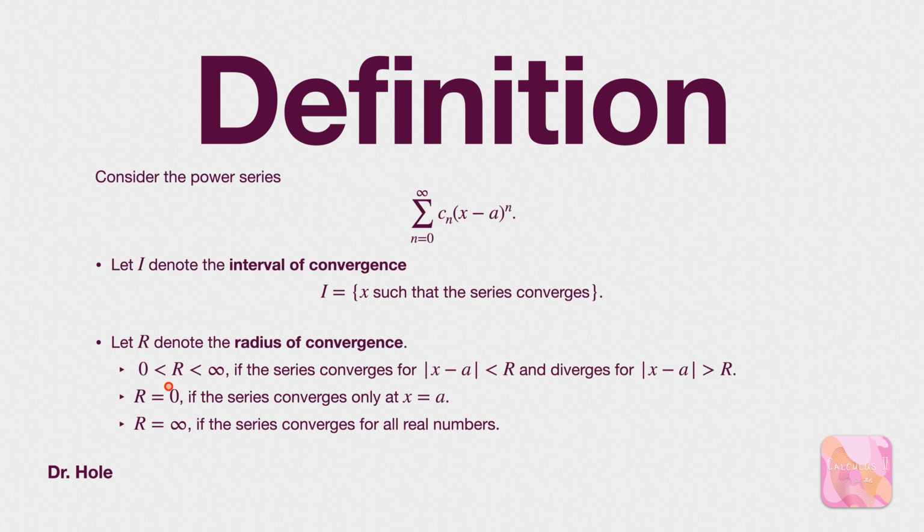On the other hand, when the radius of convergence is 0, then we cannot stray away from the center, and the interval of convergence is only the center. But if the radius of convergence is infinity, that means the interval of convergence will be the entire real line.